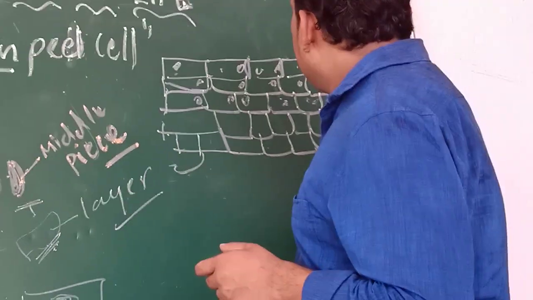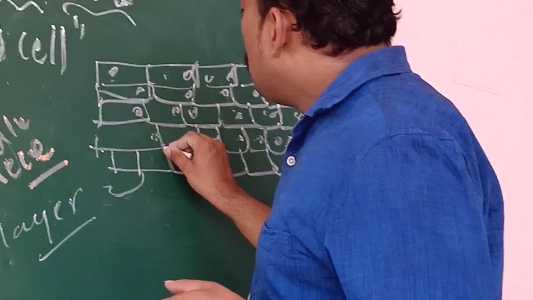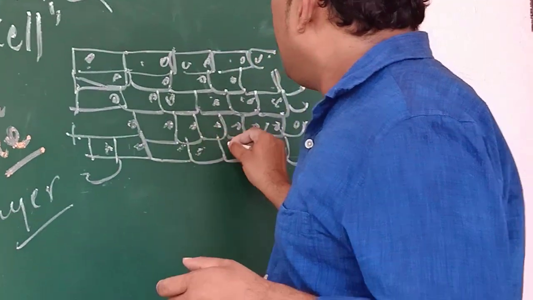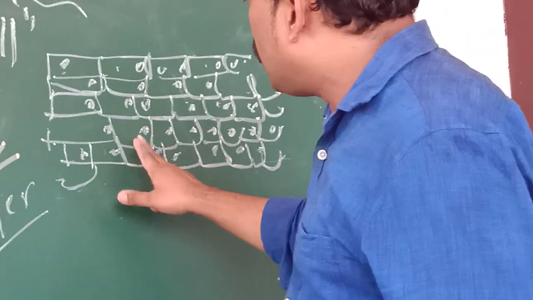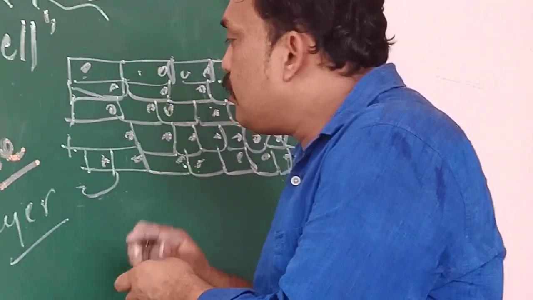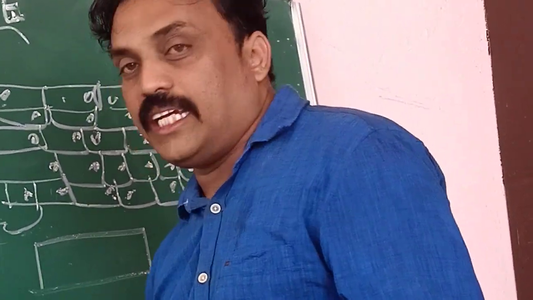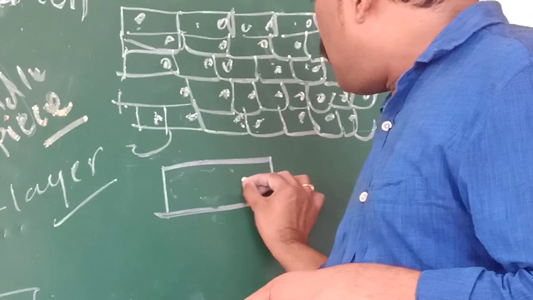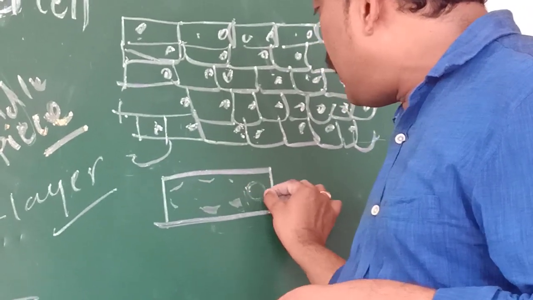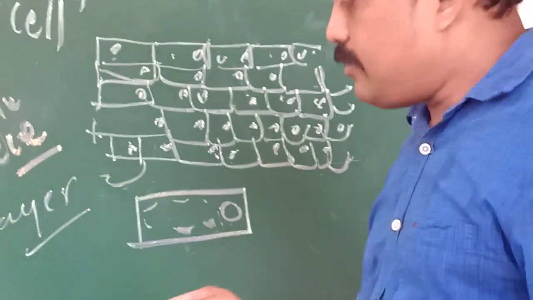Each and every cell consists of one nucleus, but the nucleus is not located in the middle of the cell. It is located at the edge of each cell, the side region, not the middle.